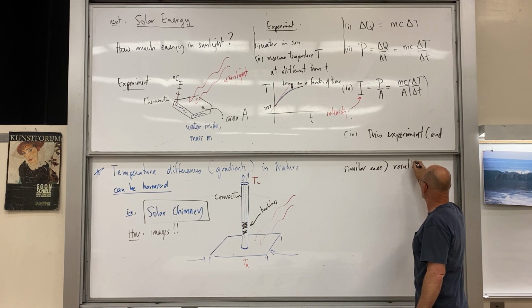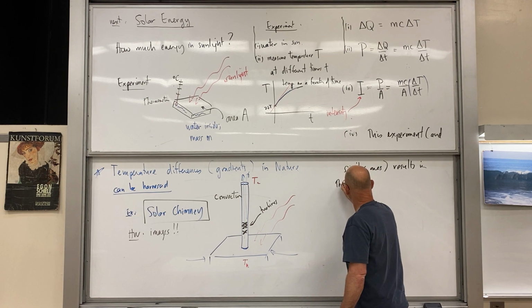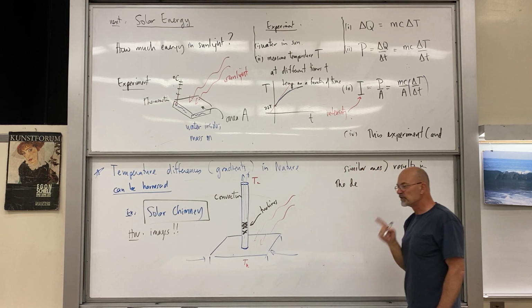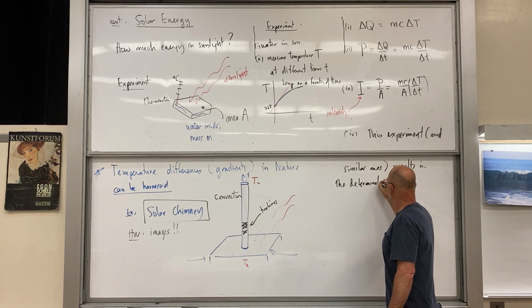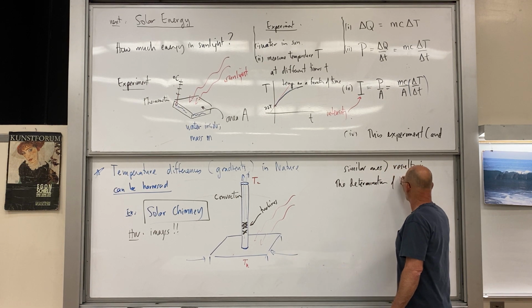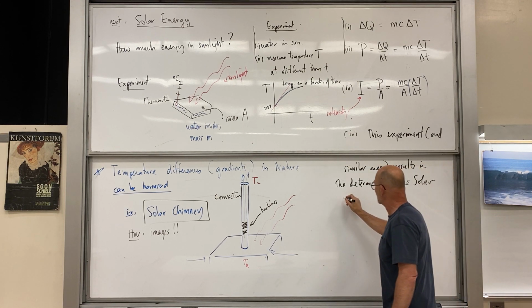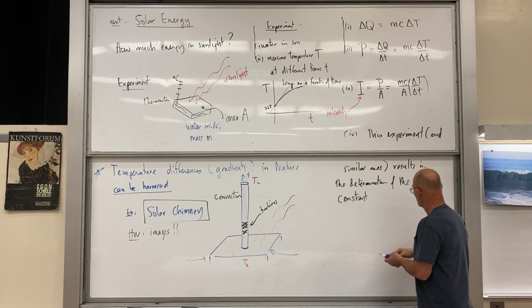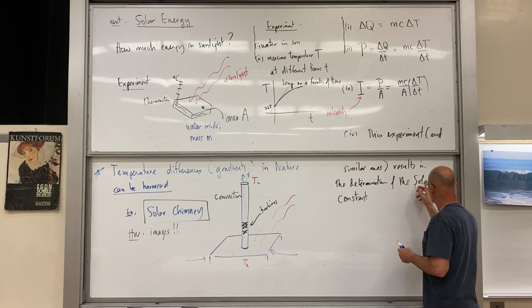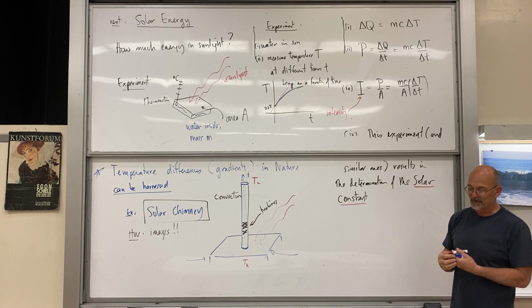Results in the determination of what's called the solar constant. So the determination of the solar constant. And the solar constant that I'm going to cite is what you would get above the atmosphere.